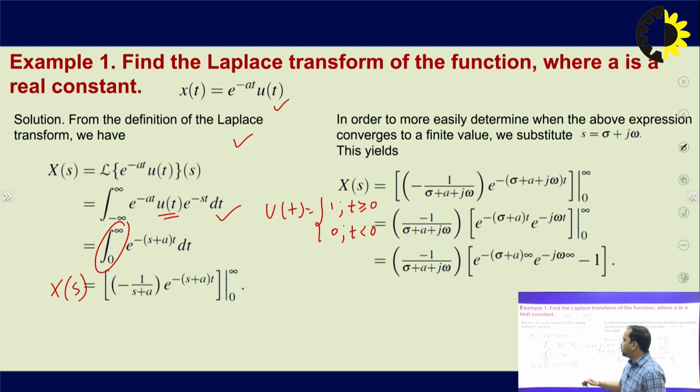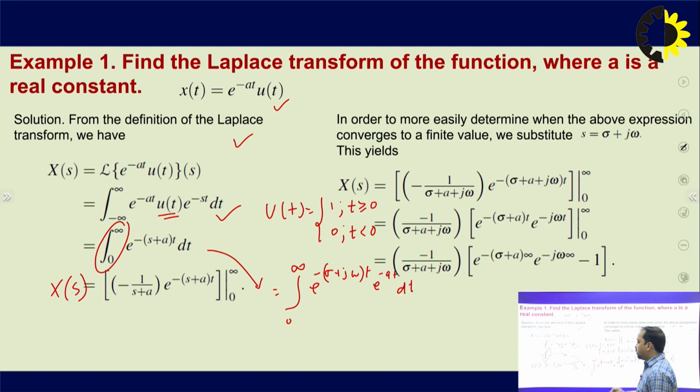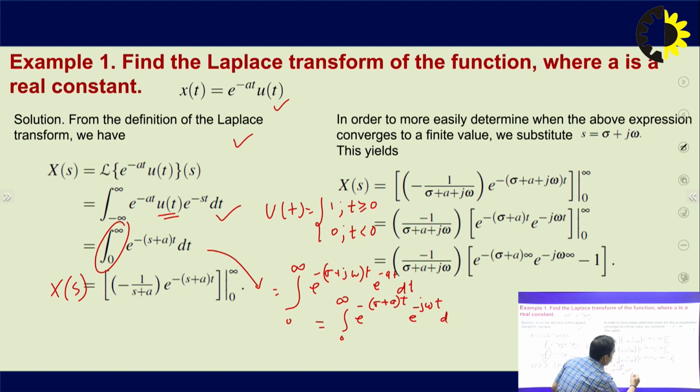We can expand this: the integral from 0 to infinity of e^(-(σ+jω)t) e^(-at) dt. If we combine the real part and the imaginary part, this is the integral from 0 to infinity of e^(-(σ+a)t) e^(-jωt) dt.